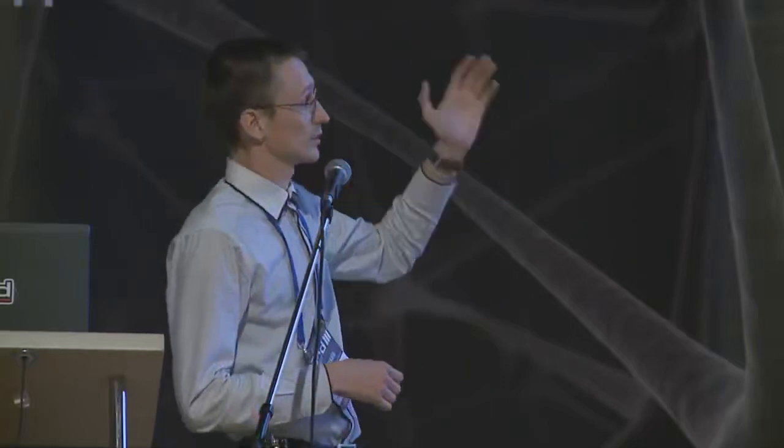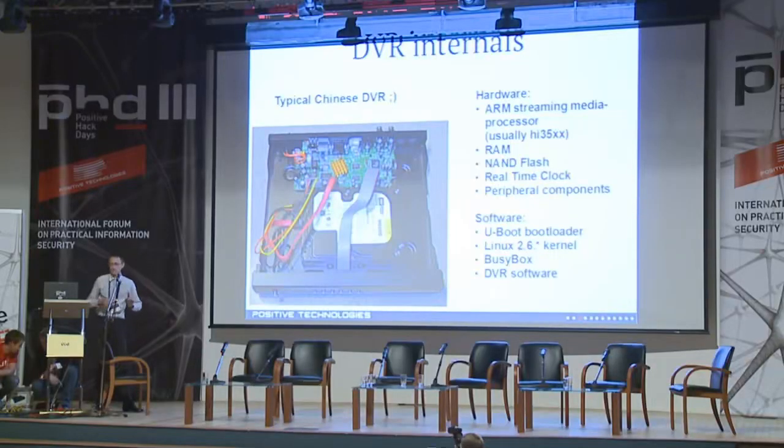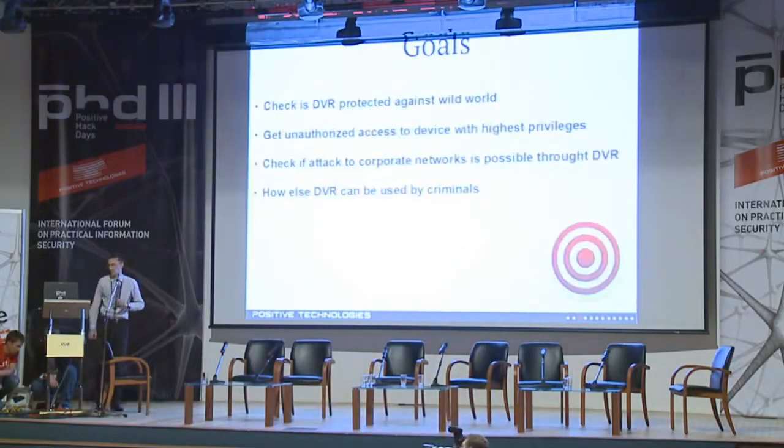A typical Chinese DVR has a management streaming media ARM processor, RAM, a Linux kernel and an ARM media processor, which digitizes the video into H.264. They differ only by the color of the microchip. The design is very similar for all of them.